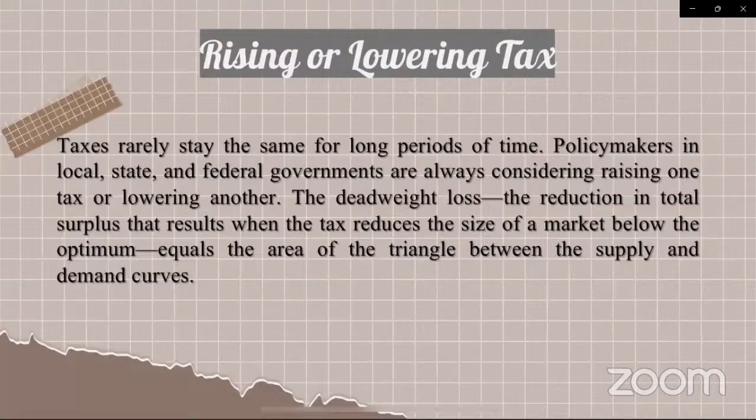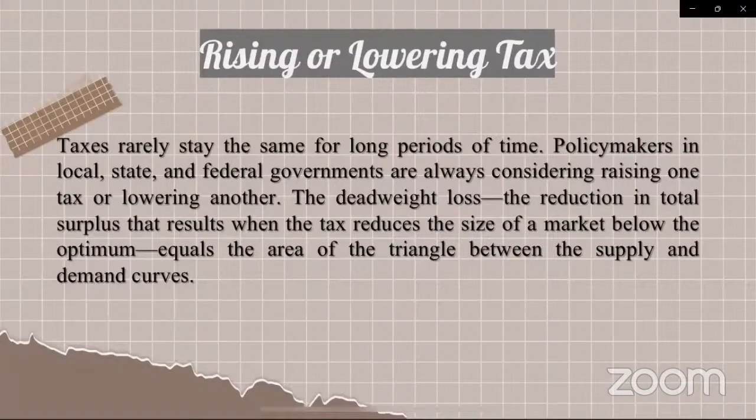Because the elasticities of supply and demand measure how much market participants respond to market conditions, larger elasticities imply larger deadweight loss. In fact, the deadweight loss of a tax rises even more rapidly than the size of the tax.